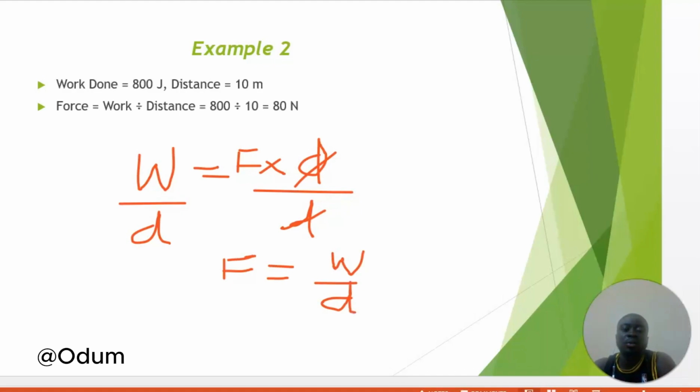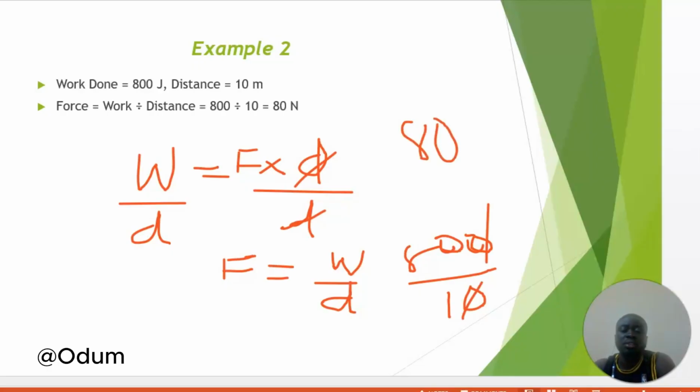We know our work done to be 800, so you put the 800 here, divided by 10, which is our distance. This zero cancels this zero, leaving 80.